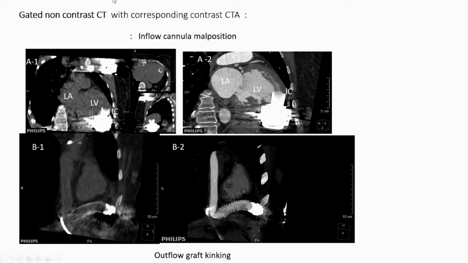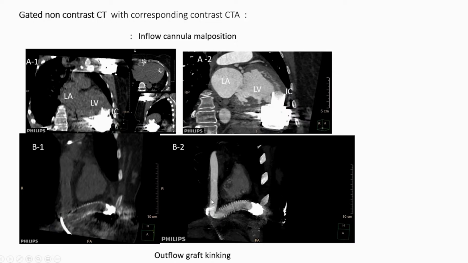For instance, in this case, the patient has, on a non-contrast CT, some suspicion of possible malposition. This is the corresponding CT with contrast, okay? Or this case with the outflow cannula kinking, seen on non-contrast images and confirmed by contrast images.